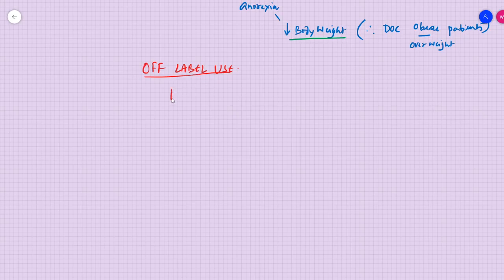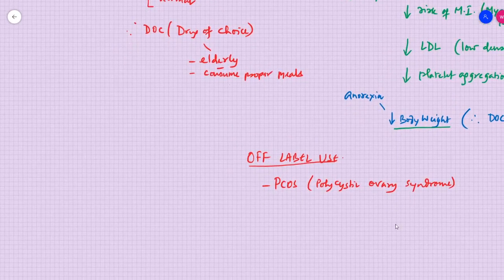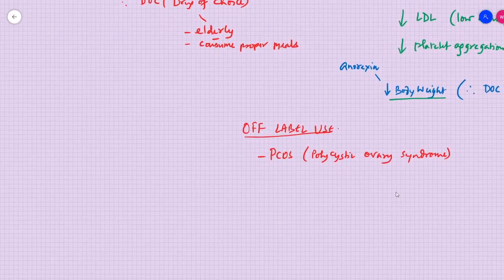And the condition that we are referring to is PCOS, polycystic ovary syndrome. So in such patients also this drug is given. Okay, so it not only has got a hypoglycemic effect, it's also used for the treatment of PCOS.